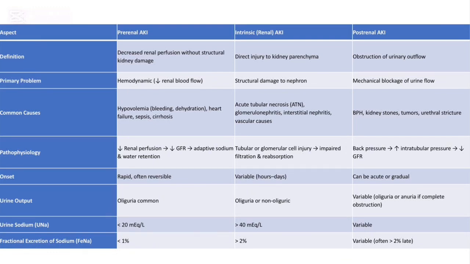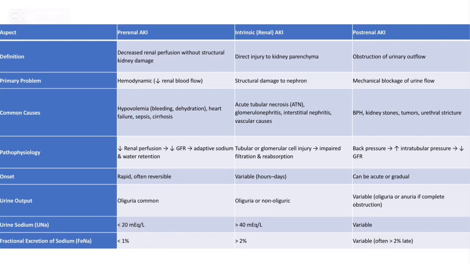Pathophysiology: why GFR falls. In prerenal AKI, reduced renal perfusion leads to decreased hydrostatic pressure in the glomerular capillaries, thereby lowering GFR. The kidney responds by activating compensatory mechanisms such as the renin-angiotensin-aldosterone system, or RAAS, and antidiuretic hormone, or ADH, release.